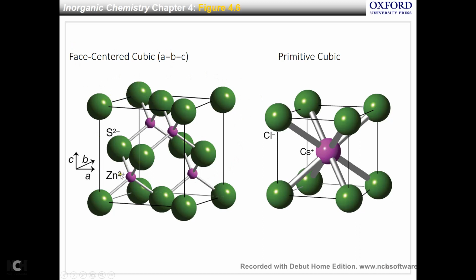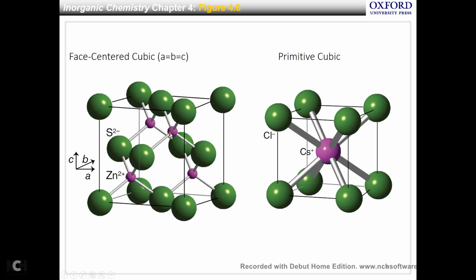If you look at this zinc 2+, they just occupy the space, for example, between 1, 2, 3, 4. These 4 sulfide ions form a trigonal pyramid structure, or tetrahedral structure, and at the center there's a little bit of space, interstitial space, and this small zinc 2+ ion can utilize this very small space.